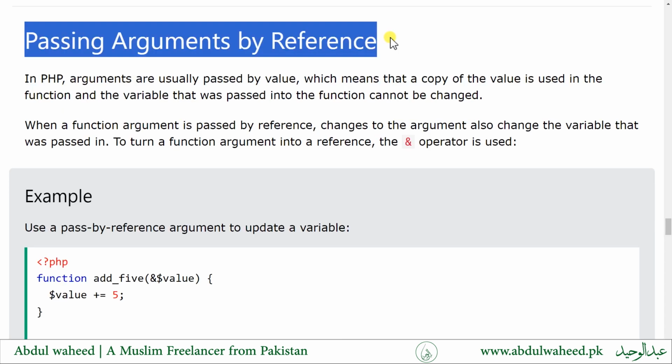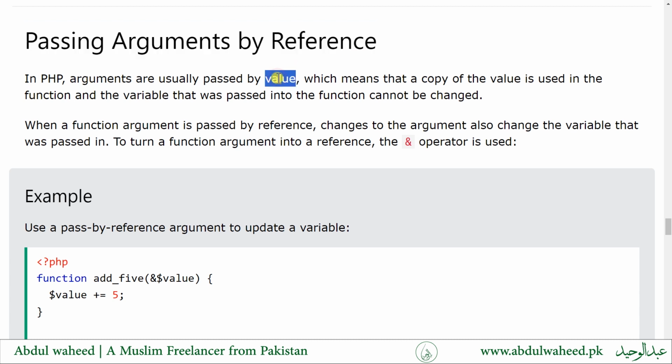Passing arguments by reference. In PHP, arguments are usually passed by value, which means that a copy of the value is used in the function and the variable that was passed into the function cannot be changed. When a function argument is passed by reference, changes to the argument also change the variable that was passed in.